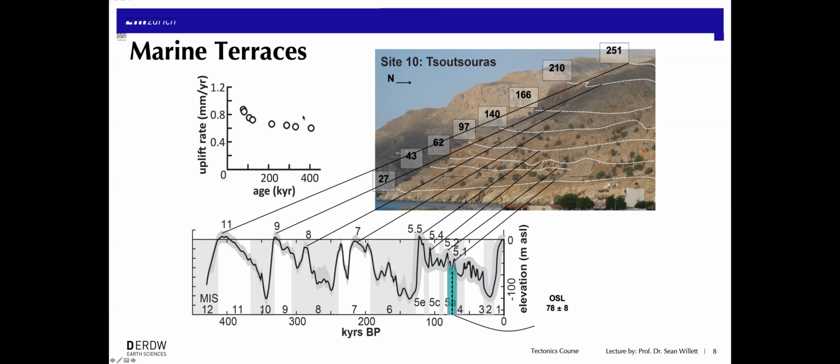In this particular case, it shows a pretty constant background uplift rate, but with some kind of an acceleration towards the present day, at least apparent in the last 3 or 4 of these terraces. So this could in fact be interpreted as an acceleration in the tectonically driven uplift rate of this part of the coastline over this time frame. It's about the last 100,000 years.